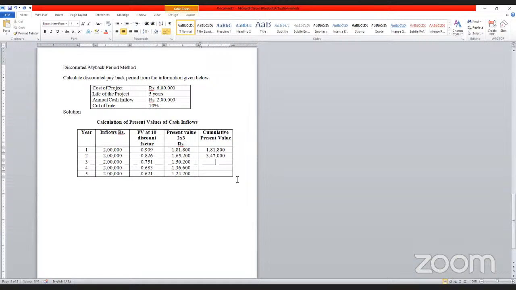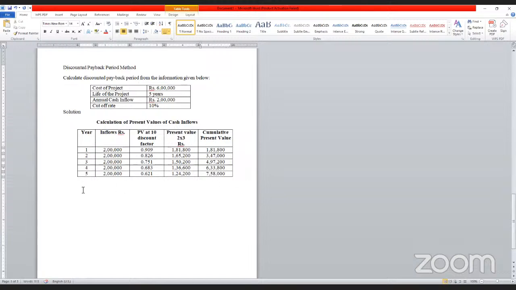Then to 3,47,000 you add 1,50,000. That will be 4,97,200. Then to 4,97,200 you add 1,36,600. That will be 6 lakhs 33,800. Then to that amount you add 1,24,200. That will be 7 lakhs 58,000.